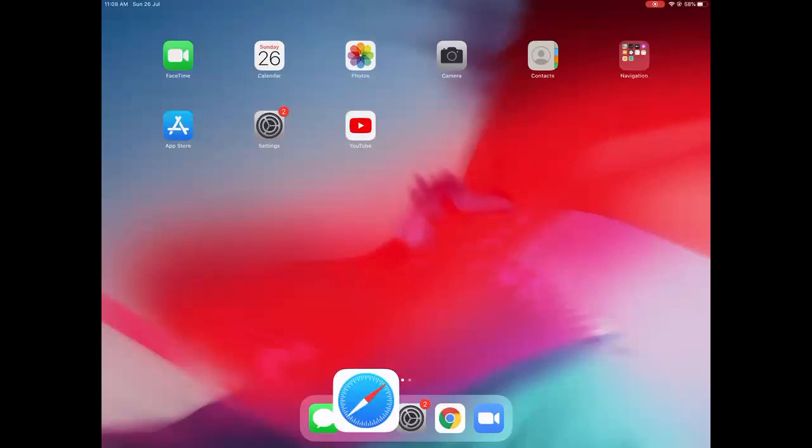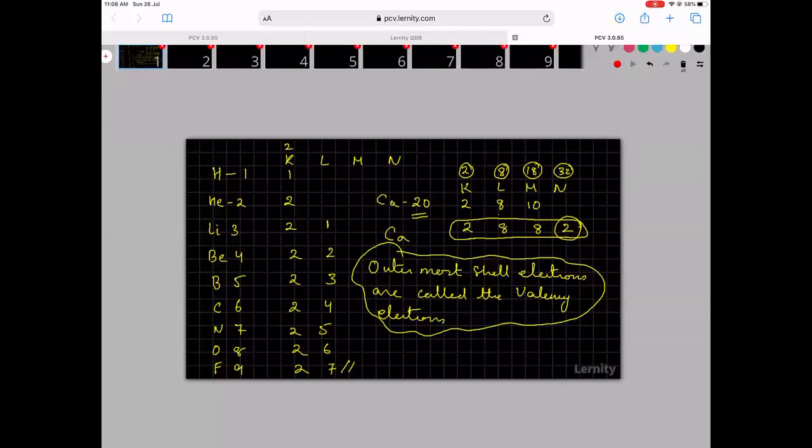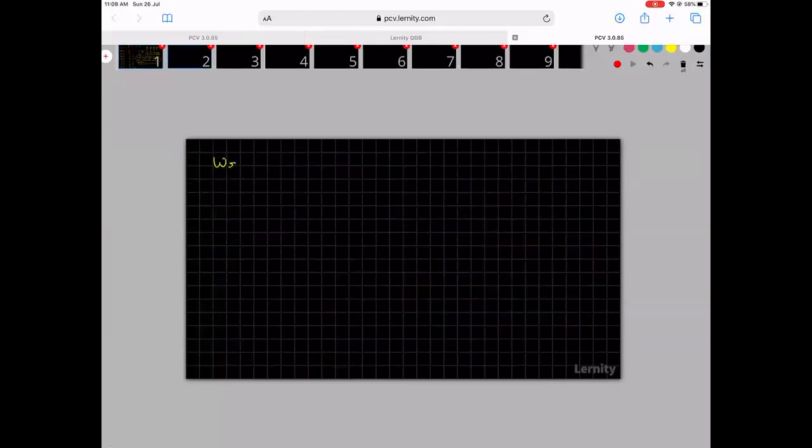So what I am trying to tell you is to write the electronic configuration of elements from atomic number 20 to 40.